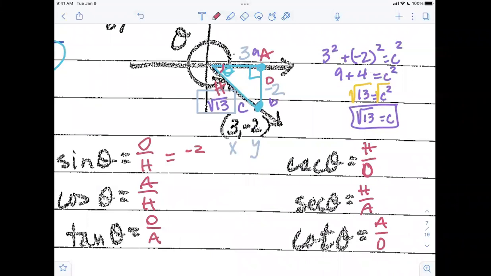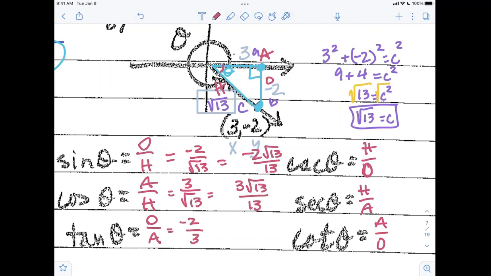We'll go -2 over root 13. I do want us to rationalize that, so let's make it -2 root 13 over 13. Cosine is going to be 3 over root 13, which is just 3 root 13 over 13. And then tangent is going to be -2 over 3.